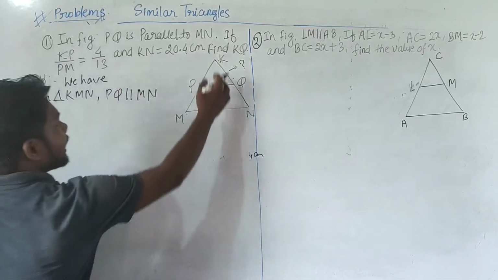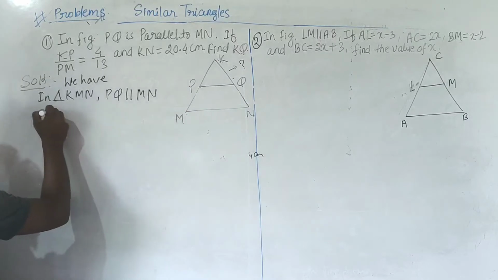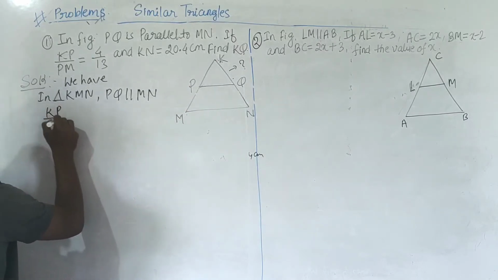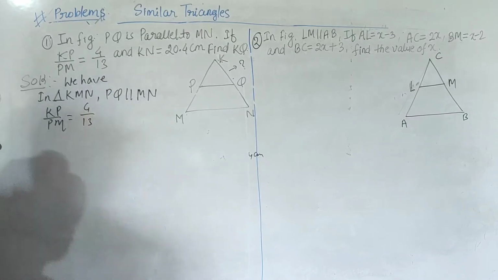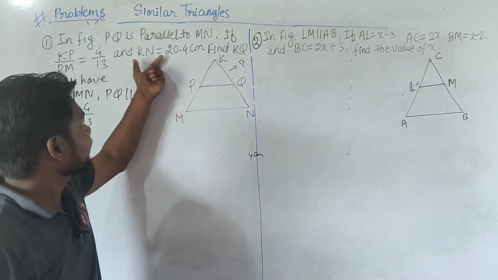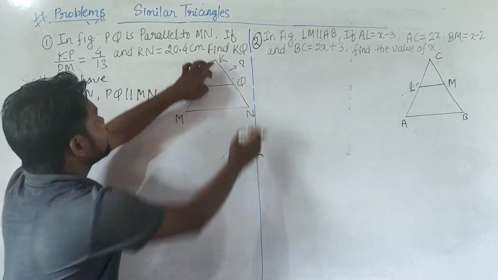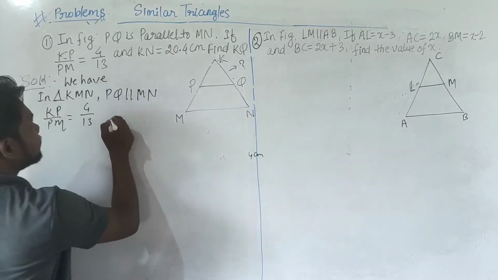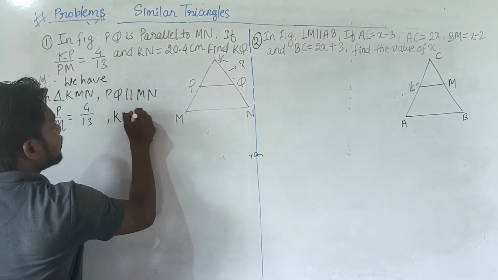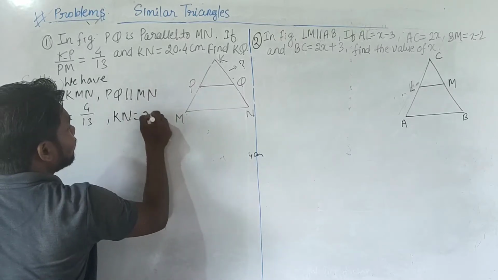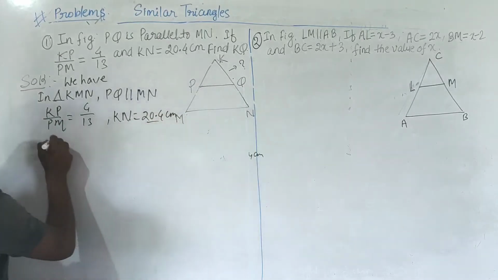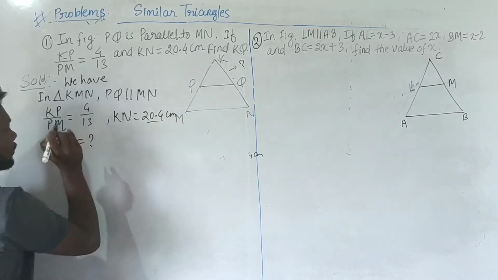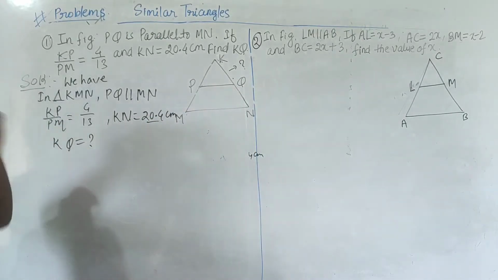And KP by PM is given as 4 by 13. Next, KN is given, which is 20.4 centimeters. And KQ is to be found out. So this is our question.